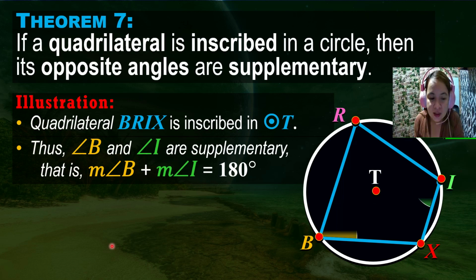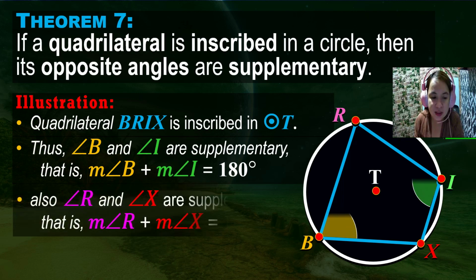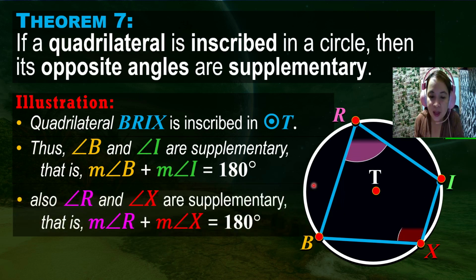So, that is angle B plus angle I is equal to 180 degrees. Siyempre, yung angle R and angle X are also supplementary. Therefore, the measure of angle R plus the measure of angle X is equal to 180 degrees.